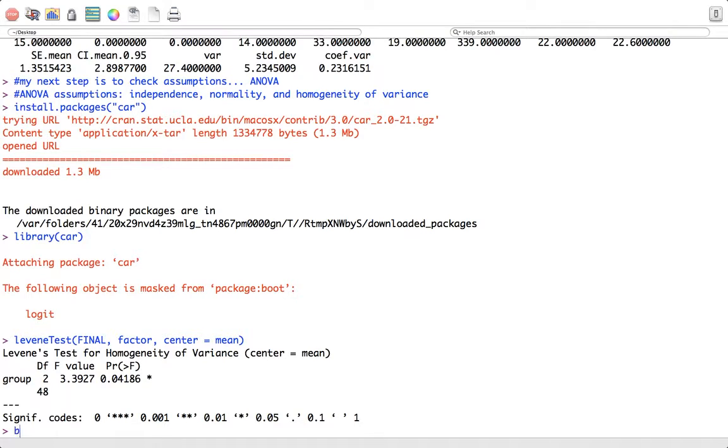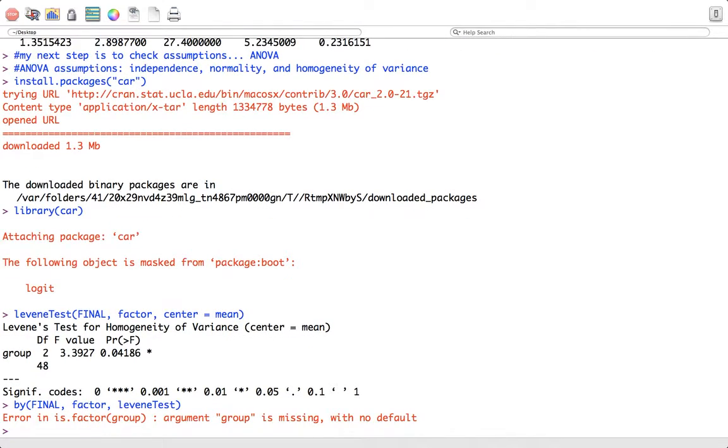I think we can do by and do final and do factor and do the Levene test? Okay, maybe it needs to go factor.